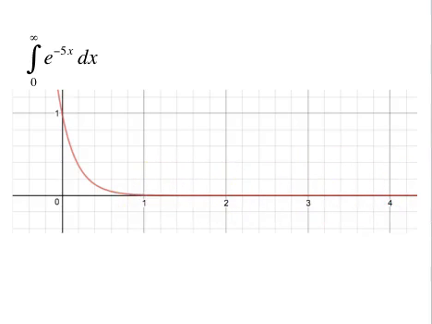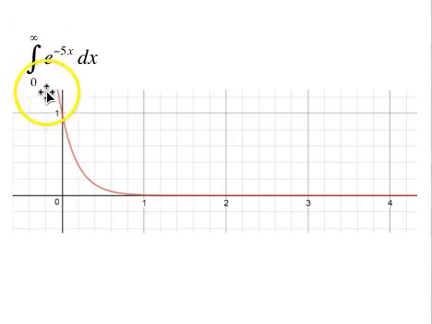Of course it isn't. It's asymptotic. It never actually touches the x-axis, but it's certainly moving down very quickly. So this piece here is considerably less than a half, and the stuff out there beyond sure doesn't look like very much. But let's take a look at what this integral is going to wind up being.